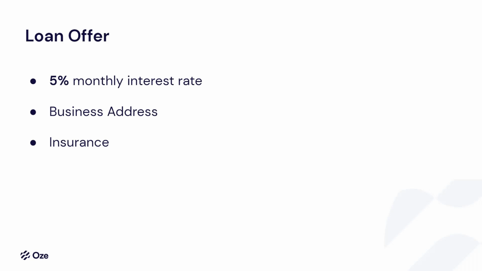But each loan has a starting point of a 5% monthly interest rate, and this interest rate gradually drops with each loan that you take, based on your behavior as a borrower during the period of time that you had the loan.